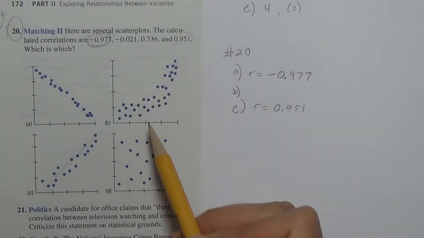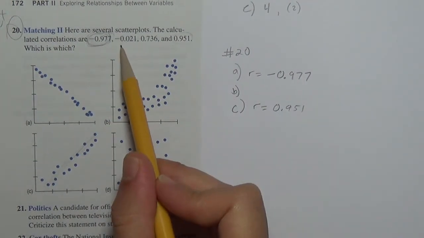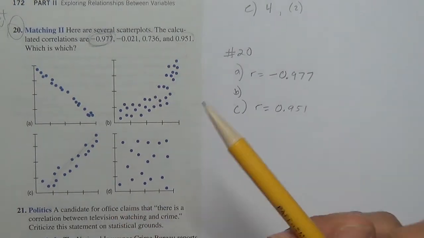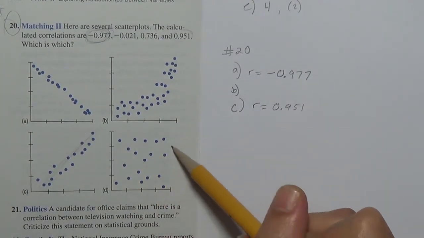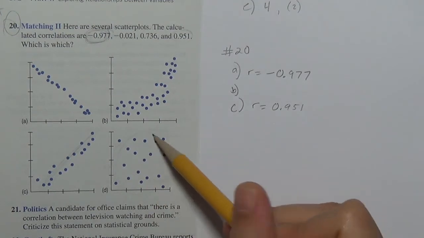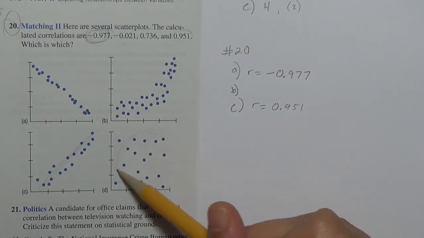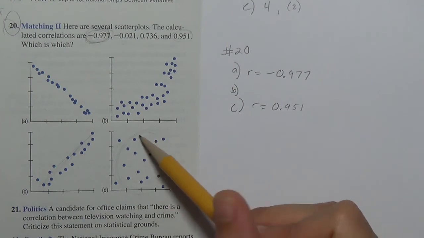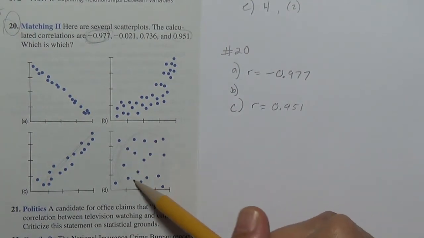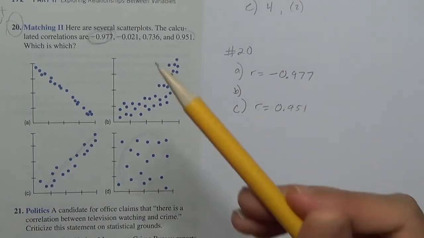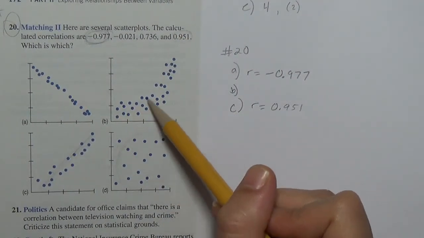Okay, for the other two scatter plots, B and D, and then the other values of r that they give us, this one right here, there's no real form, it's just a mess of points, just like a cloud of points. So we should expect the value of r for this to be very close to 0. And this has a curved pattern.